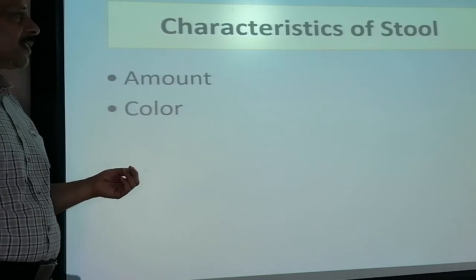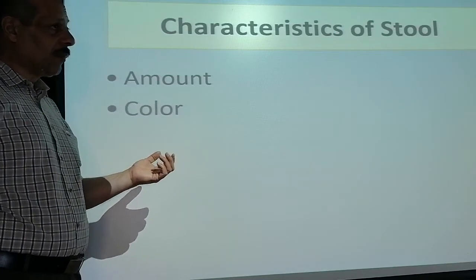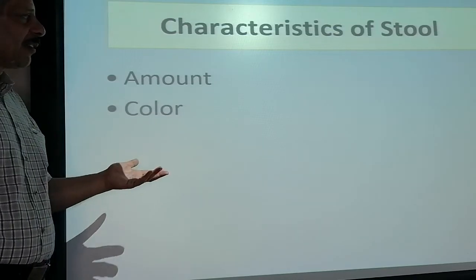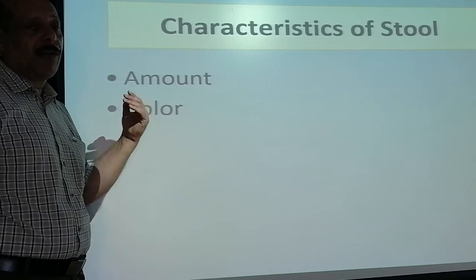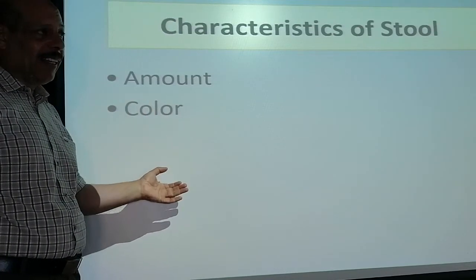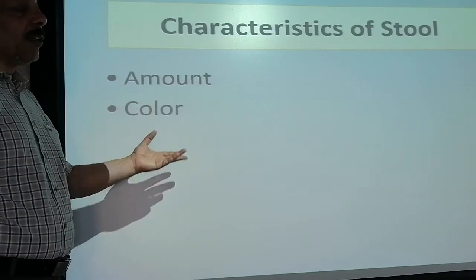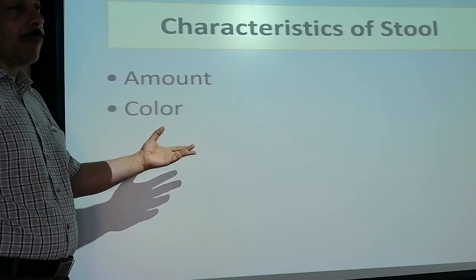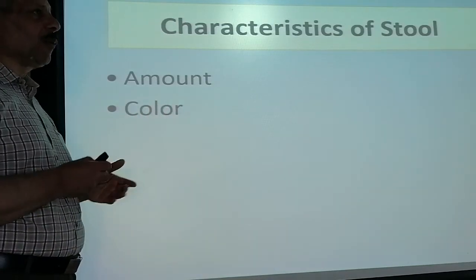In an infant it is straw or yellow in color due to improper digestion. If abnormal, you can find that it might be dark, black.